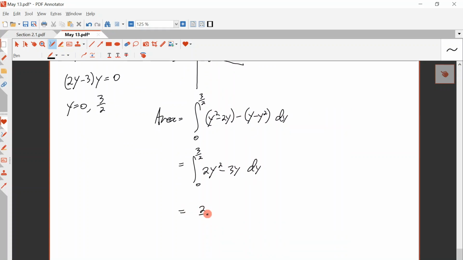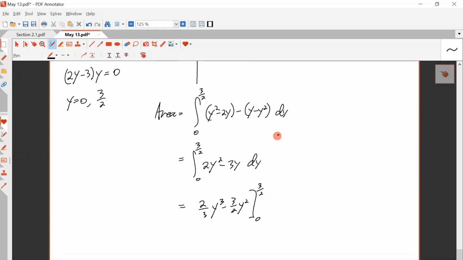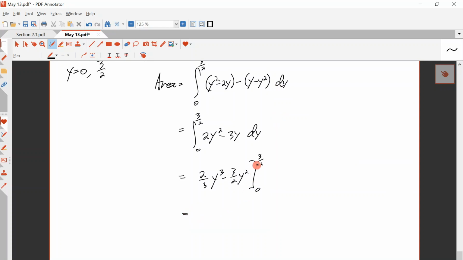So this is 2/3 y to the third minus 3/2 y squared from 0 to 3/2. So we just evaluated 3/2. So it's 2/3 times 3/2 to the third minus 3/2 times 3/2 squared.